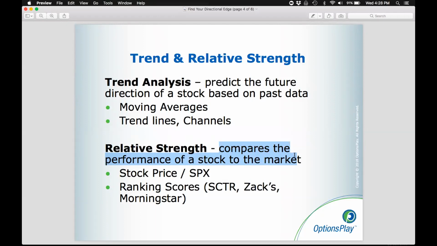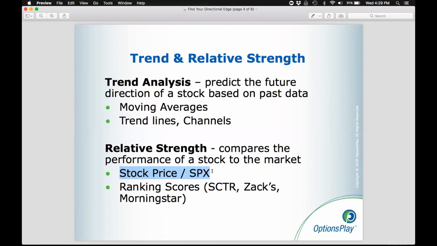So you have this constant rotation of stocks that go in favor and stocks that go out of favor, and relative strength allows us to measure that and understand which stocks are in favor and which stocks are out of favor. So some of the simplest ways to do this is simply dividing the stock price by an index like the SPX. And that allows us to know whether this stock is currently outperforming the market or underperforming the market.